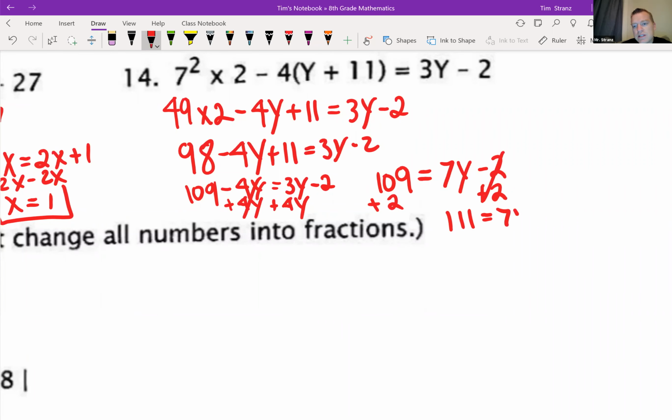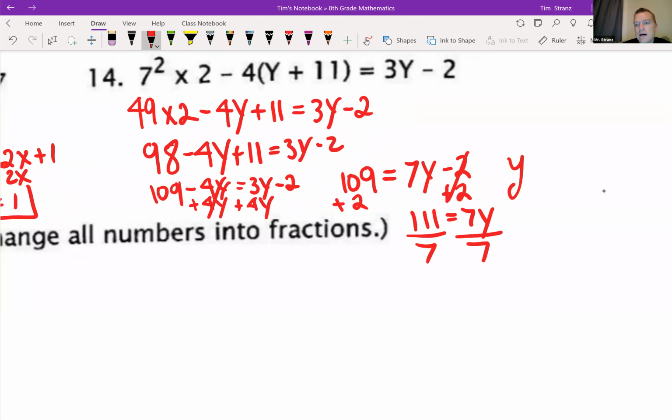111 equals 7y, divide by 7, divide by 7. If I take 111 divided by 7, I get 15.85. So y equals 15.85.